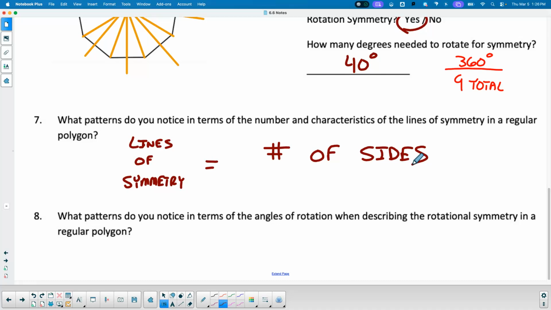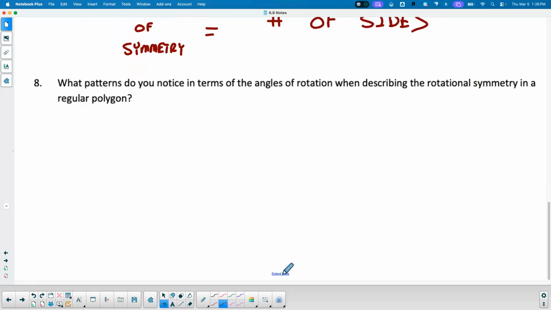Okay. Again, this is only in a regular polygon. The number of lines of symmetry is equal to the number of sides. Okay. What do we notice about the angles of rotation for rotational symmetry? Divided by the number of sides.